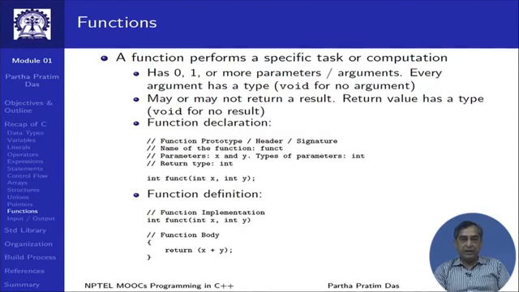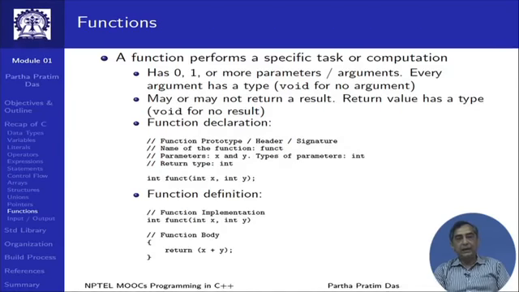In such cases, if we just terminate the list of arguments with a semicolon, we say this is a function header, or a function prototype, or a function signature. The terms signature and prototype will keep on occurring in C++.